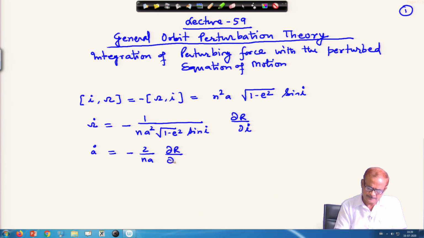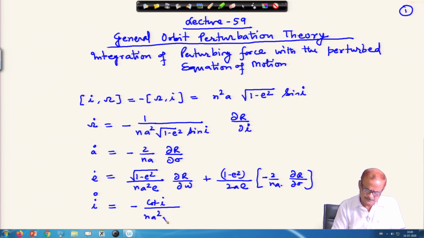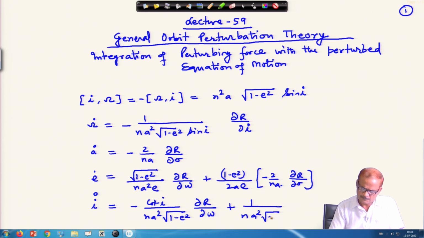Minus 2 by n a, dou R by dou sigma, then e dot, I dot equal to minus cot I, 1 minus e square, e square sin I, dou R by dou capital omega, and sigma dot equal to 1 minus e square.